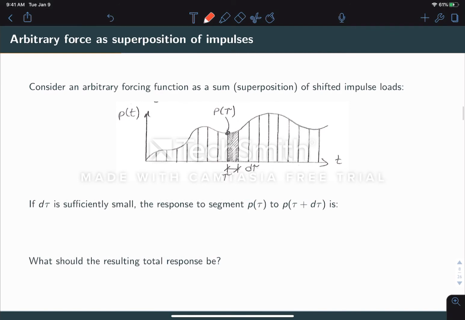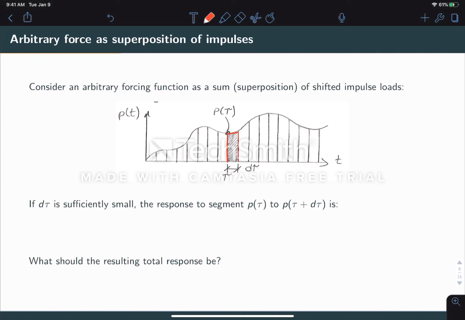So let's consider now an arbitrary function, p of t, as a set of shifted impulse loads, essentially a superposition of shifted impulse loads, as you see here. So each segment of this function, let's take an arbitrary segment at tau, is going to be described as essentially an impulse load.